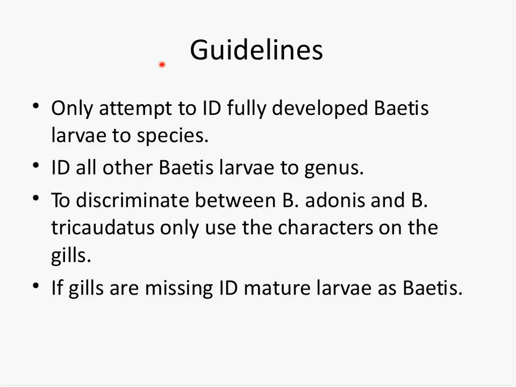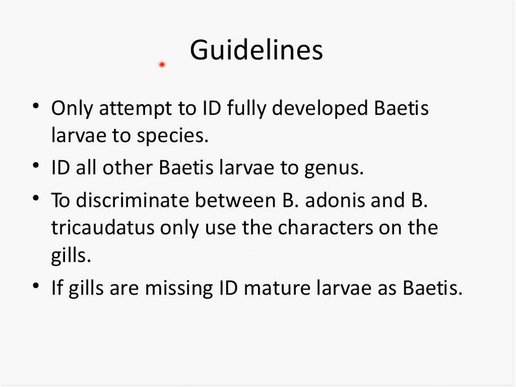So to continue on with the presentation, the next couple of things I'm going to do is put up a couple of slides on how to tell the difference, the cutoff point between what we want as mature larvae and everything else that we would consider immature larvae.